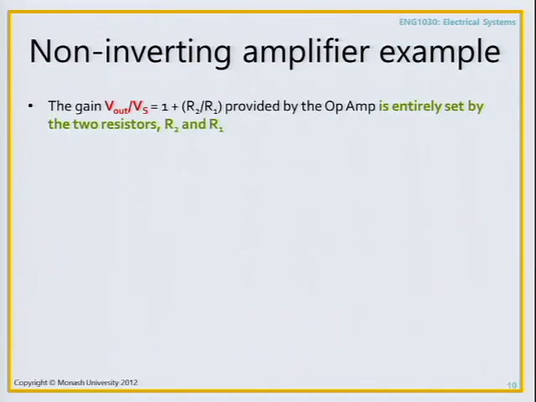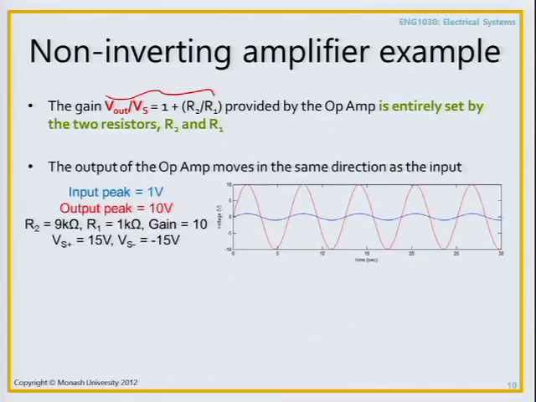All right, so here's another non-inverting amplifier example. Here, as we said, the gain is given by this equation, 1 plus R2 over R1. And as I said, it's entirely set by the two resistors.